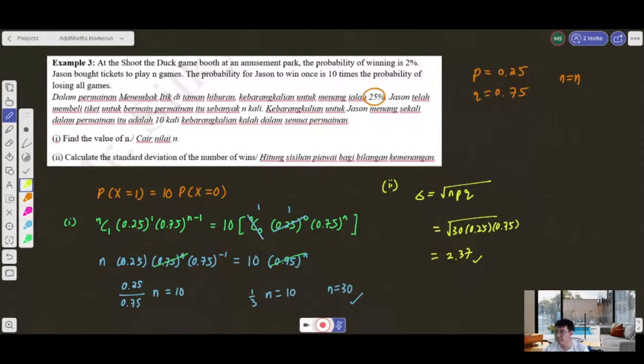Okay, the next question, I am a little bit worried because I'm scared that you all don't understand what I'm going to do. In order to find the probability, there is actually a special way to find it. So give me a moment, I'm going to show you all.